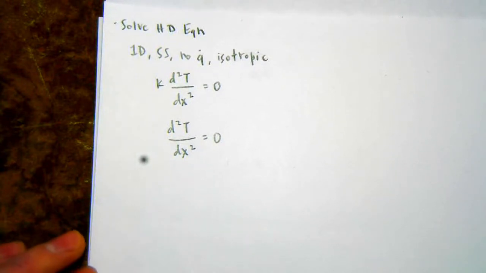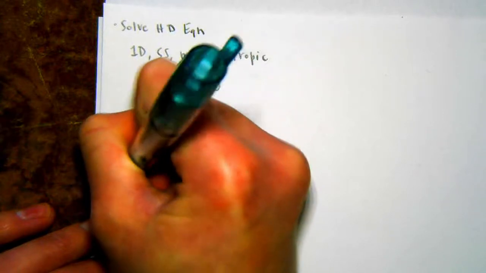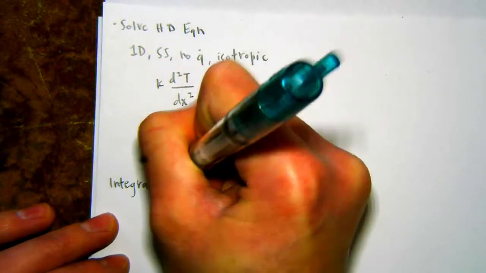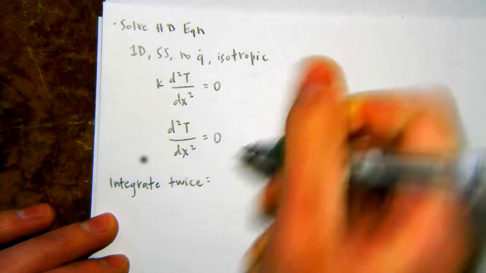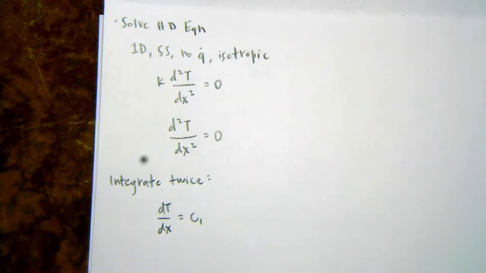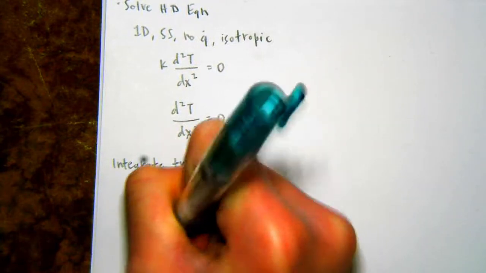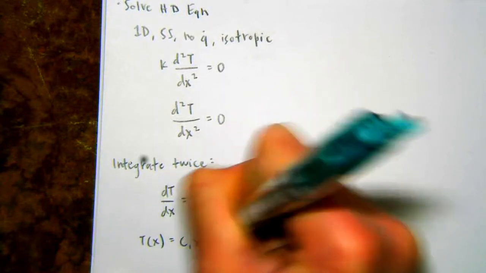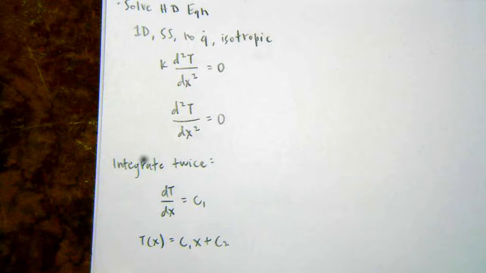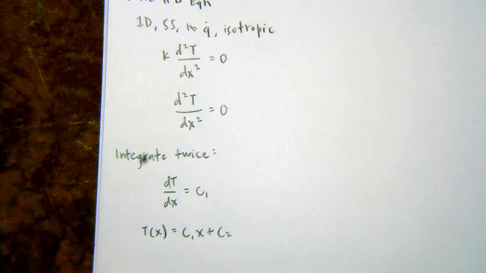This is pretty easy to solve. We don't have to do any fancy differential equation stuff. We can just integrate it twice. So if we integrate once, we get dT/dx is equal to some constant. And then if we integrate again, we get the temperature distribution as a function of x is equal to that same constant, the first constant, times x plus another constant.